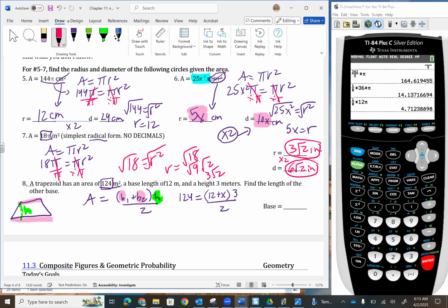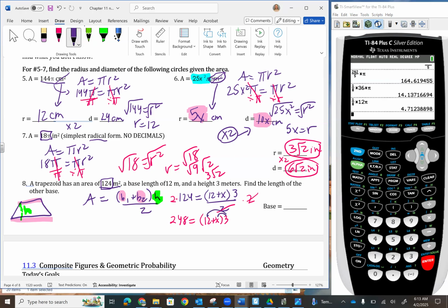Let's solve this equation. We multiply both sides by 2 to cancel this out. You get 248 equals 12 plus x times 3, and then we should distribute.